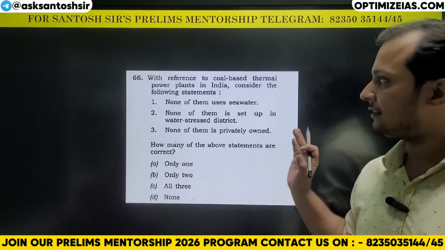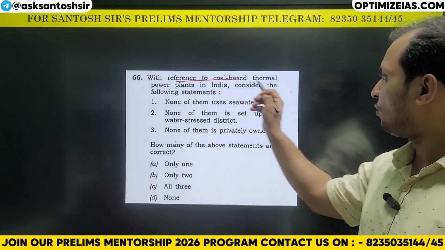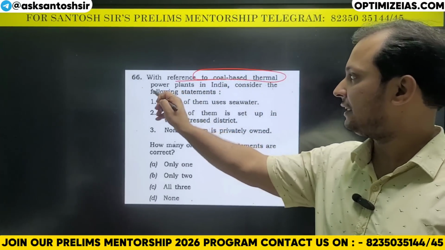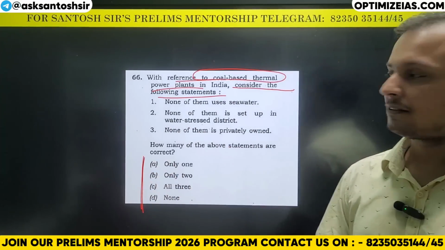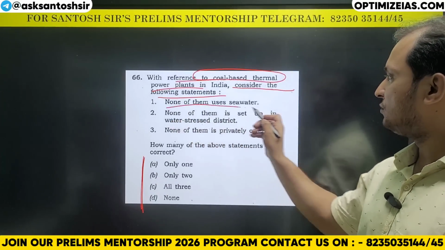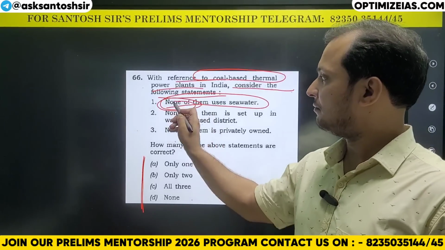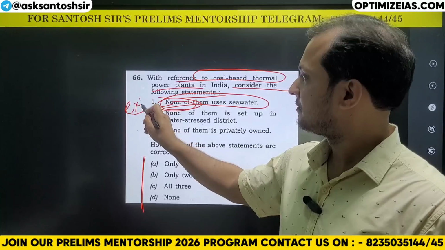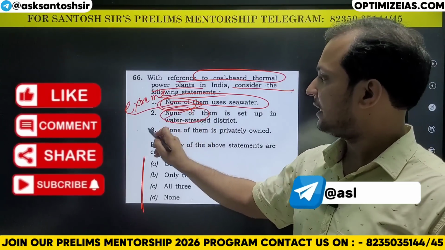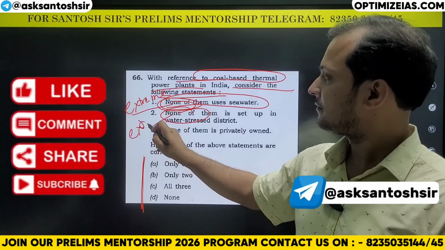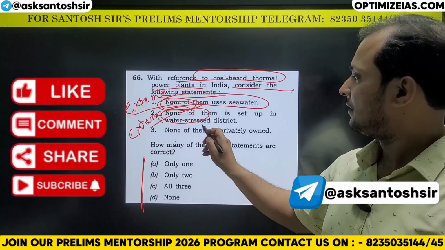Next question, guys, let us see this question. With reference to coal-based thermal power plants in India, consider the following statements. Again, you can see a new pattern, but let us read. None of them uses seawater. None of them. Extreme statement. None of them. Again, extreme statement. None of them.